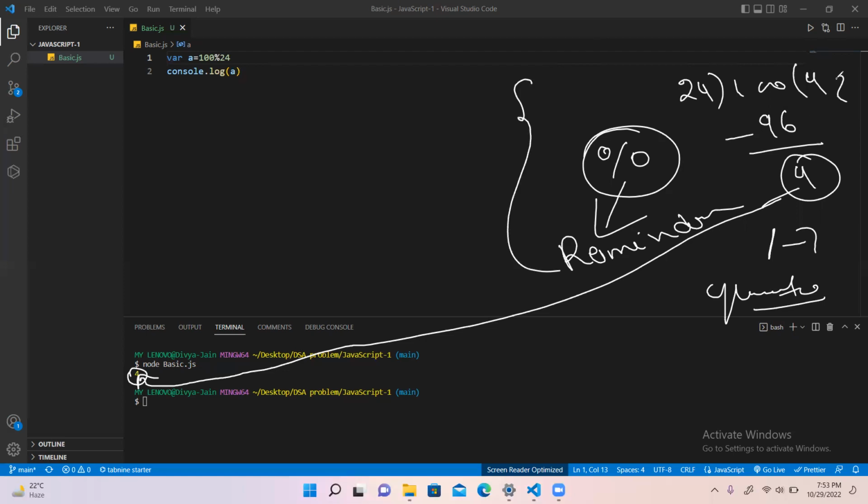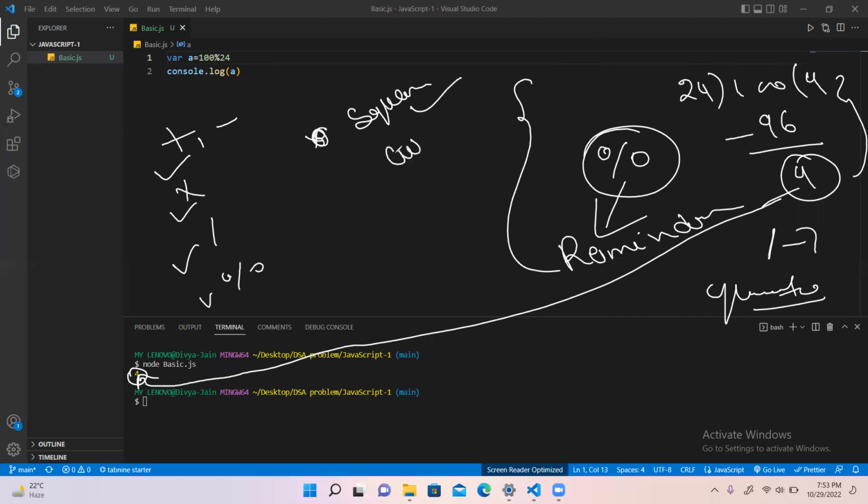Okay, so in this lecture we covered adding. I think subtraction is pending. Adding, multiplication covered, divide covered, modulo covered. I think square covered, cube.